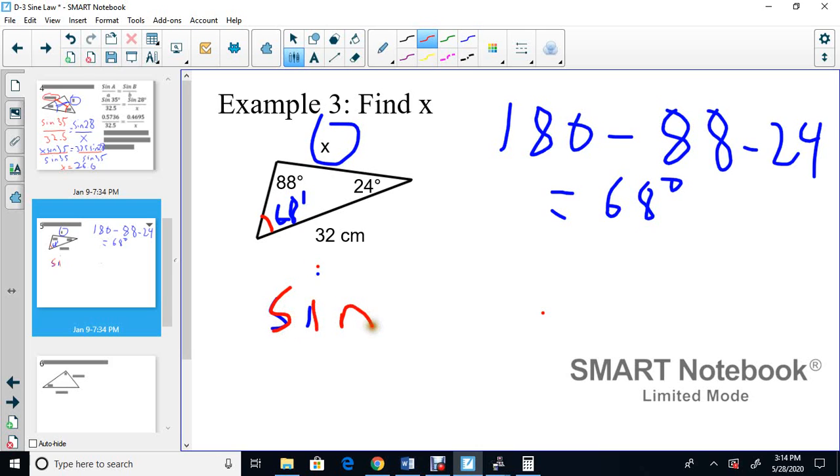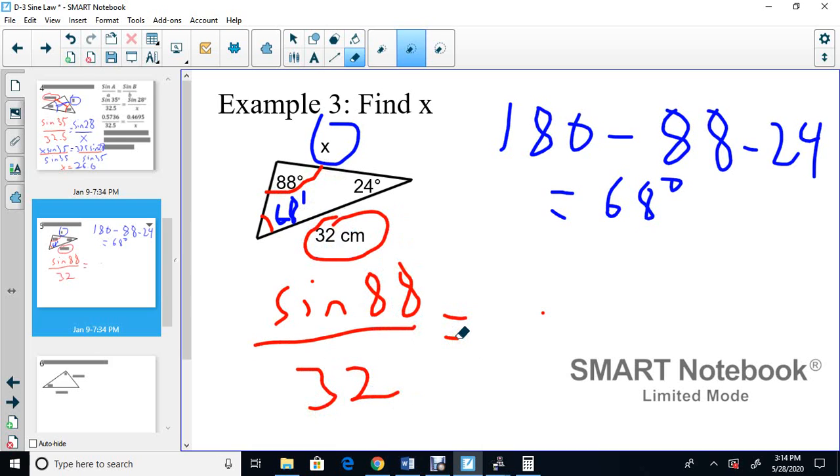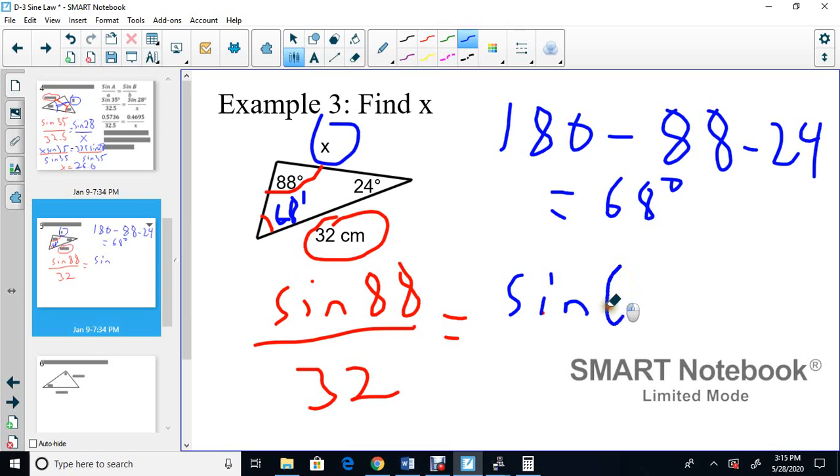Sine of 88, which is this angle, and across from it is 32, so sine of 88 over 32 equals, and now we'll use blue because we've been using blue for the other angle, sine of 68, what we calculated, over x.